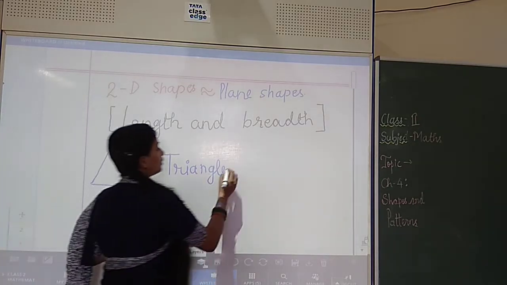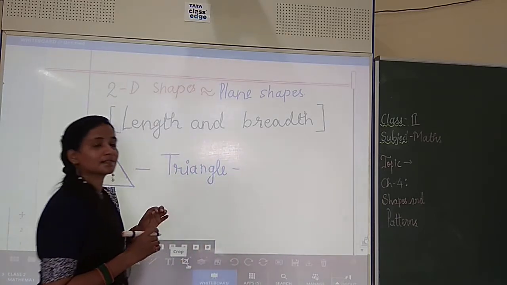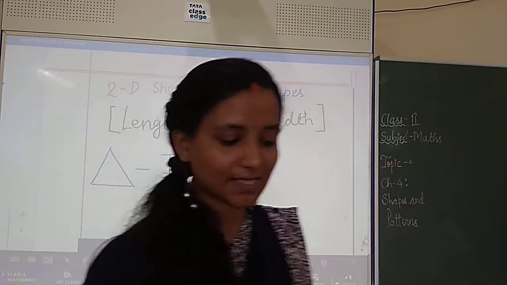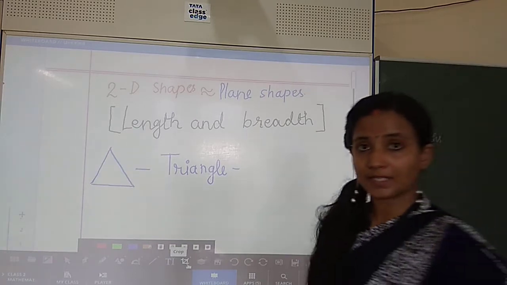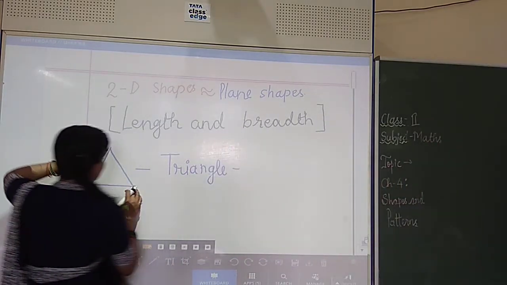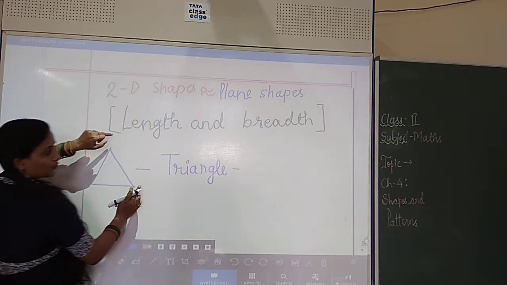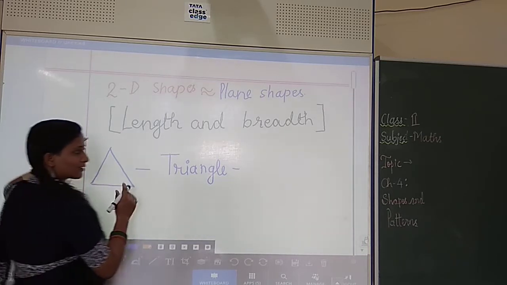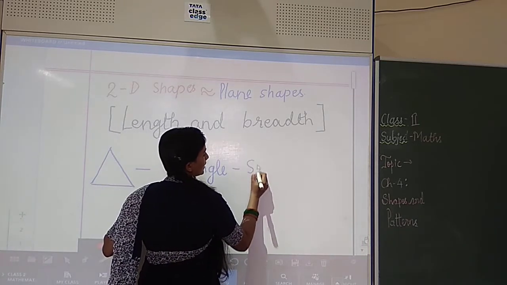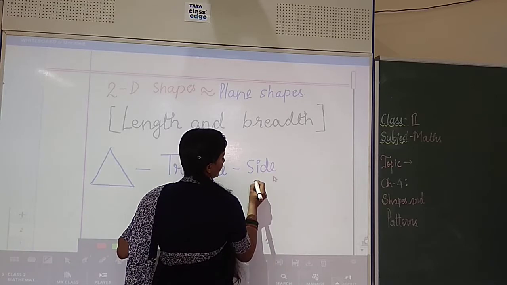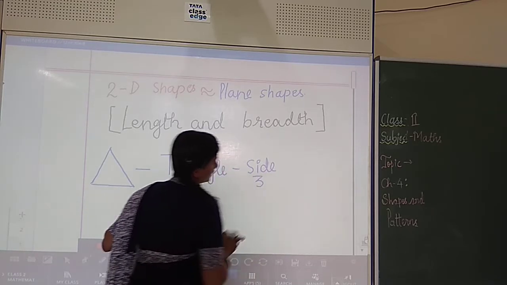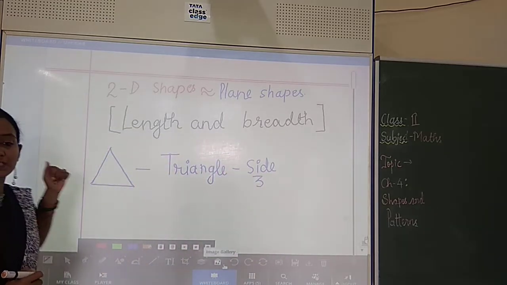Now, how many sides are there? Sides means lines, the number of lines with the help of which it is made up. So, how many sides are there? There are 3 sides. And how many corners are there?